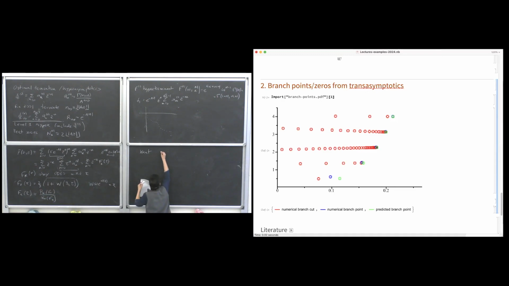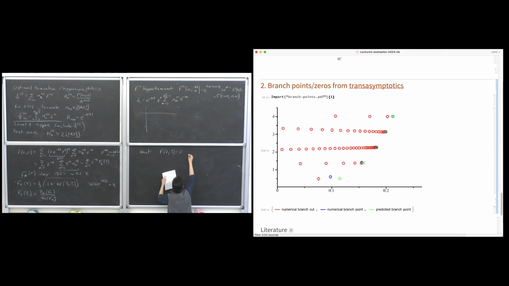So what I want is to find the values of z where fz tau, and now remember tau includes sigma, so fz tau equals 0.